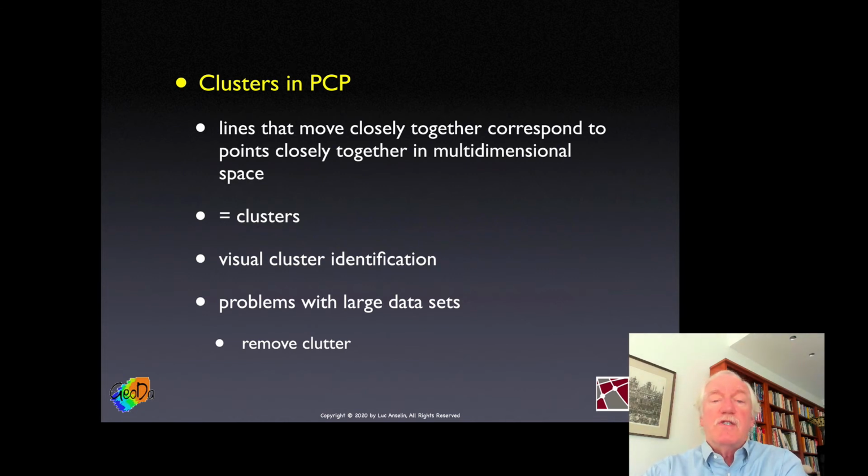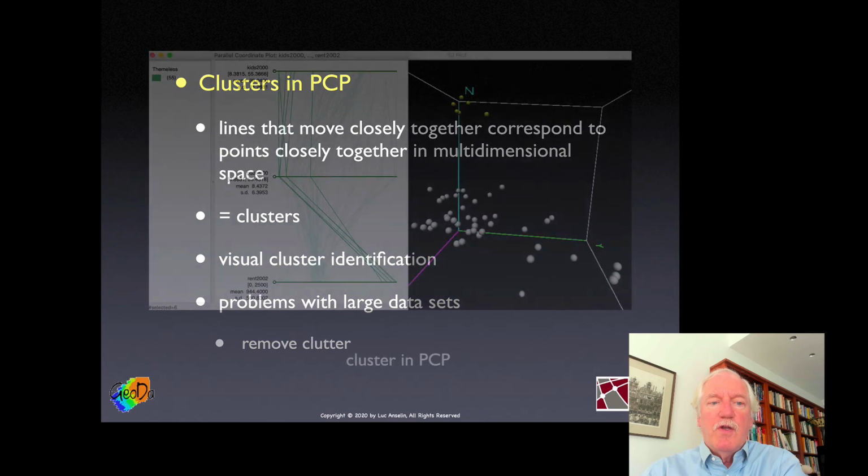Of course, this doesn't work very well with, just like a scatter plot doesn't work very well with very large data sets. So there's all kinds of tricks to remove the clutter, to simplify the graph, to bring out, just like we smooth the scatter plot, you can do something similar with the lines on the PCP if you have many observations. We don't pursue that here, but there is a very large literature on technical aspects of how to implement this visual cluster identification in a parallel coordinate plot.